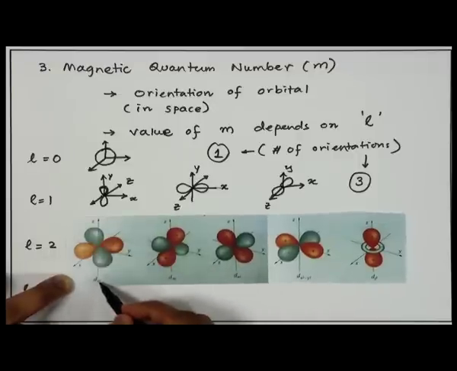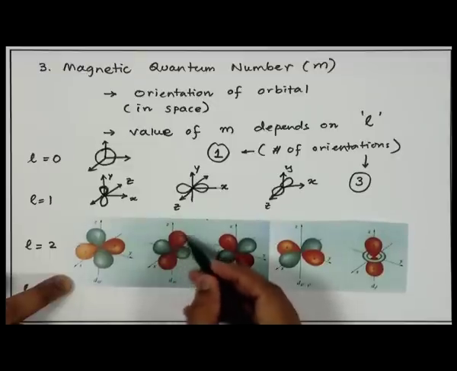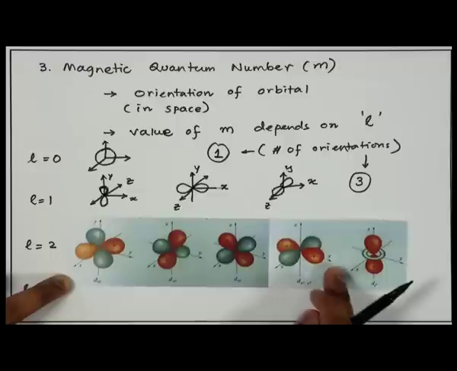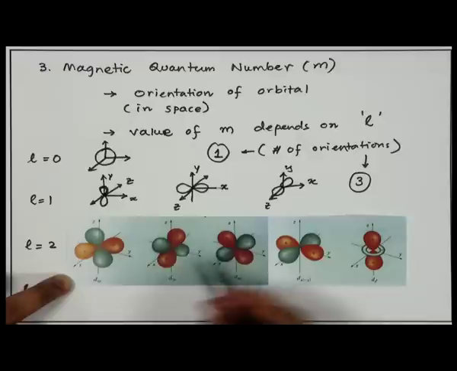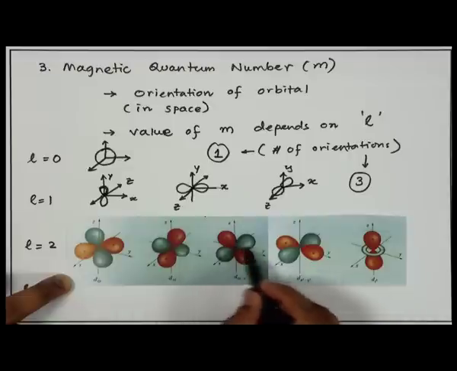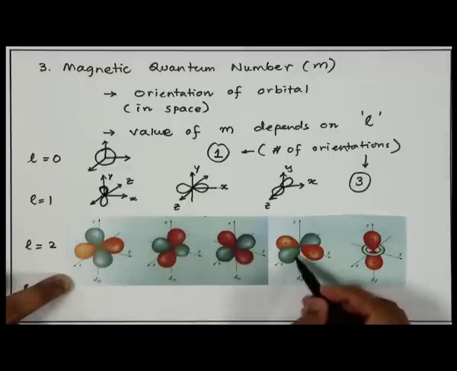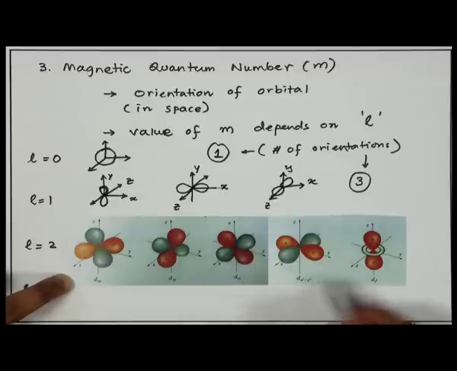So, I call that dxy, or I can also arrange the dumbbells along the xz plane, or I can arrange these dumbbells along yz plane. In all these three cases, the lobes of these dumbbells were actually within the two axes. So, these three are within the axis, the lobes are within the axis, and the remaining are actually on the axis.